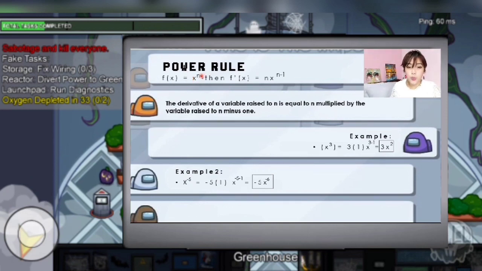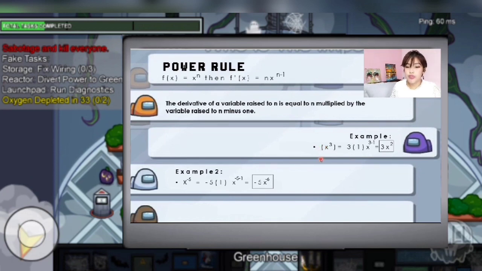After multiplying it, subtract 1 from the exponent. The derivative of a variable raised to n is equal to n multiplied by the variable raised to n minus 1. So for you to further understand the explanation, here are some examples.